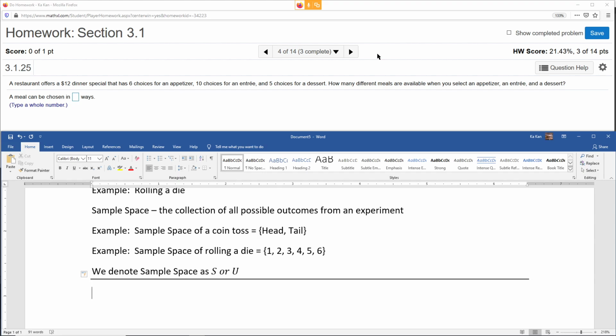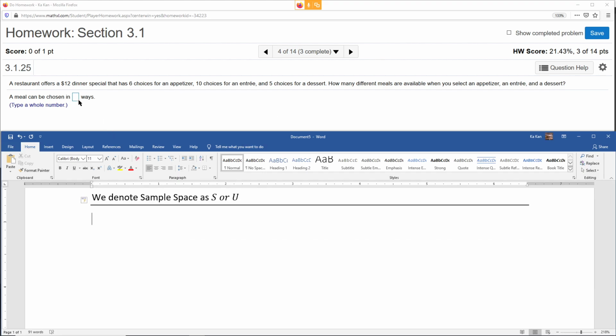In this case, a restaurant offers a $12 dinner special that has 6 choices for an appetizer. Now, just to let you know, that $12 means nothing. The only thing that matters to us is the choices we have.